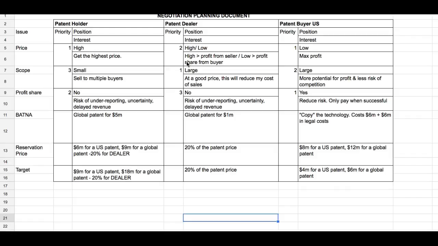Is that a scenario that doesn't sound realistic to you? Well, basically, it's in the best interest of the patent holder to get the entire sum immediately, right? Let's put it this way: in this game, you will see that there is uncertainty, and the uncertainty comes at a cost.